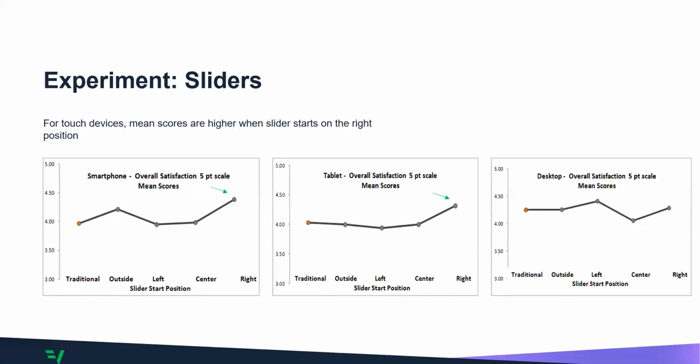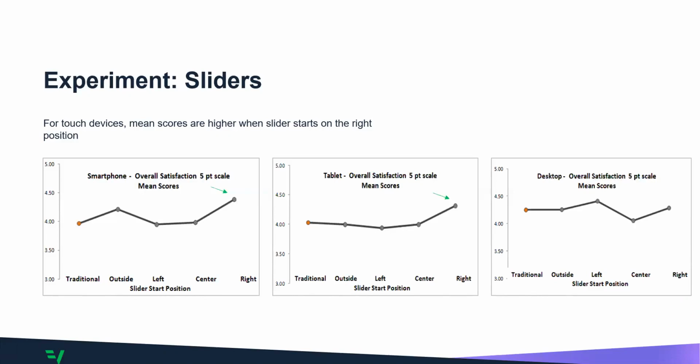There's some fluctuation and noise in the data, but what we found is slider start position has the most impact on mean scores for touch input devices. So just looking at the first 2 charts for smartphone and tablet devices, when the slider started on the right side, mean satisfaction scores spiked up, corresponding to a right-leaning bias for the positive end of the 5-point scale.